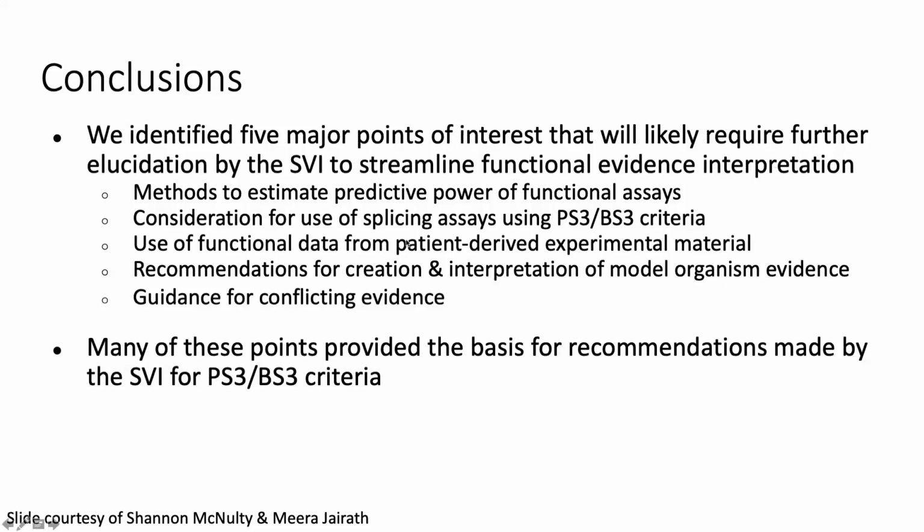How should we be using patient-derived experimental material in functional assays, whether there are any specific recommendations for using model organism evidence, and any guidance for conflicting evidence, often either different laboratories performing the same type of assay or 2 different assays may give conflicting results.